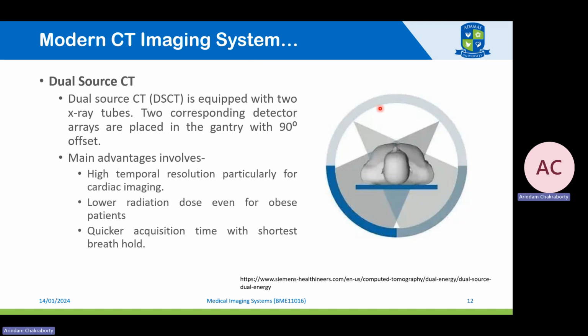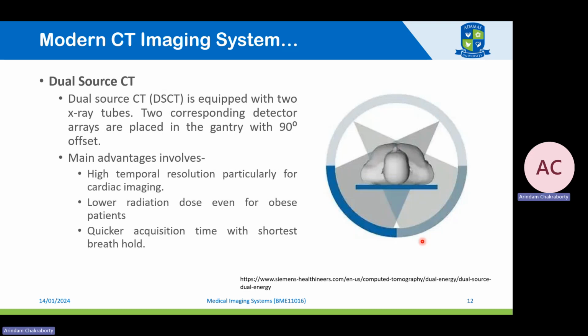As we can see here, a dual source X-ray is nothing but two different X-ray sources are present, with detector arrays almost 90 degrees apart. So a dual source CT is equipped with two X-ray tubes and two detector arrays that are almost 90 degrees apart. So what are the advantages of this compared to a single source X-ray?